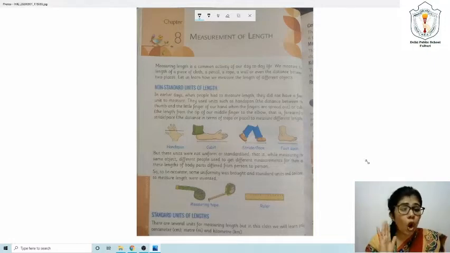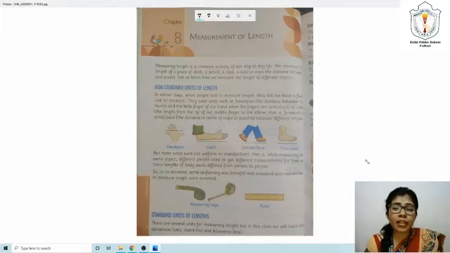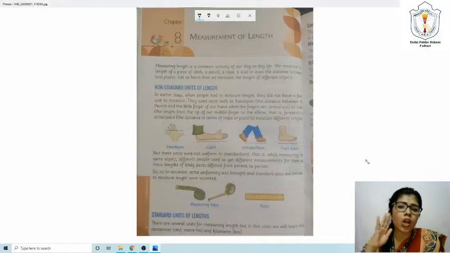So that is not uniform. Different people used to get different measurements. These were used a long time ago, in earlier days, but that was not accurate. They wouldn't get the accurate length or measurement.